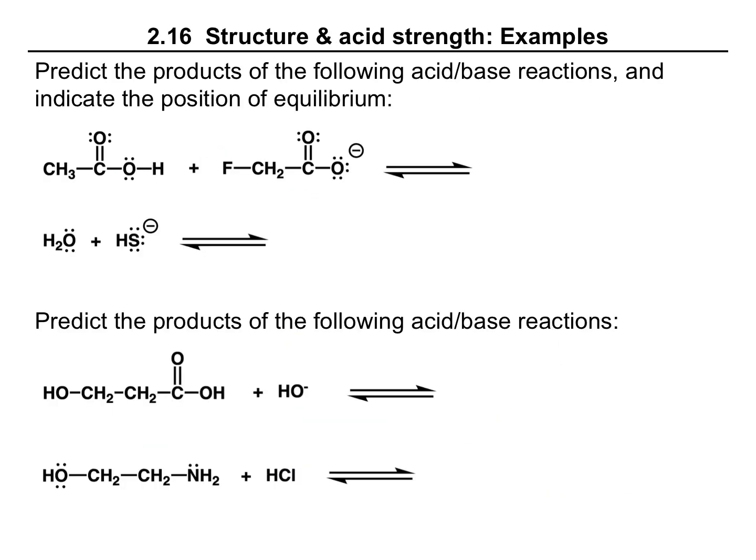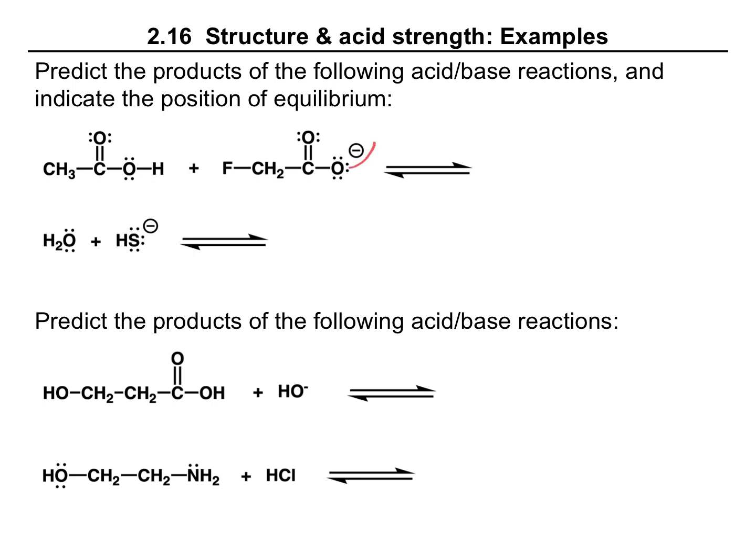Now let's see if we can apply what we've been talking about in the previous few slides. Can we predict the products of the following acid-base reactions? And then can we indicate the position of equilibrium without using a table of pKa values? Well, with our first example, because this one has a negative charge, this is probably going to act as our base, and therefore this is going to be our acid, and in particular, this is the most acidic proton.